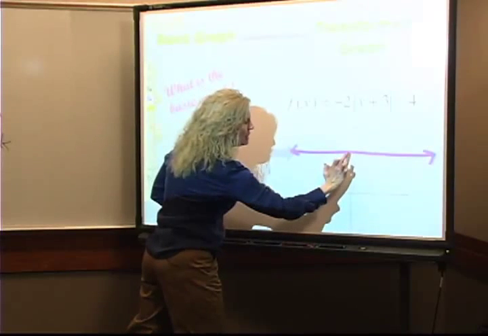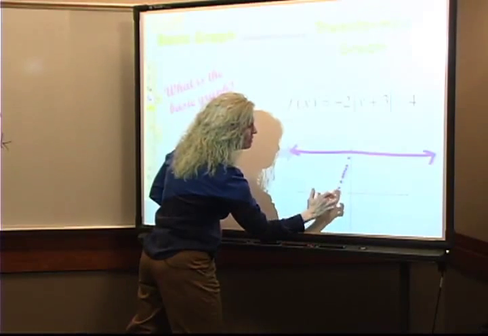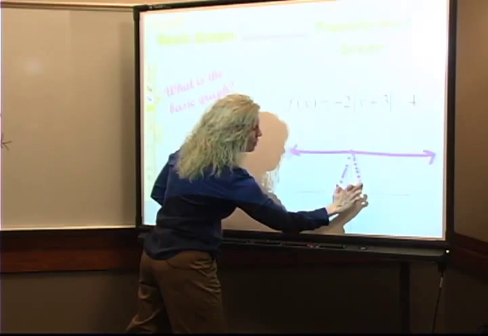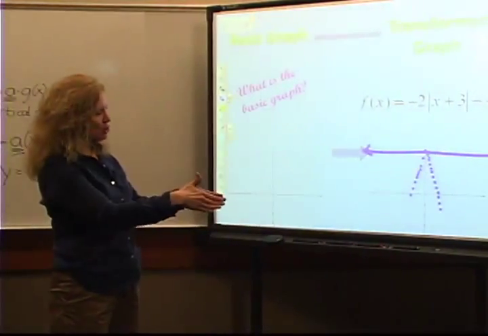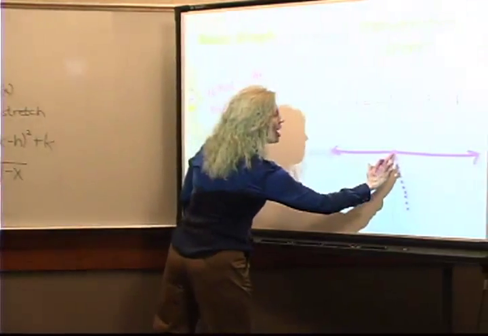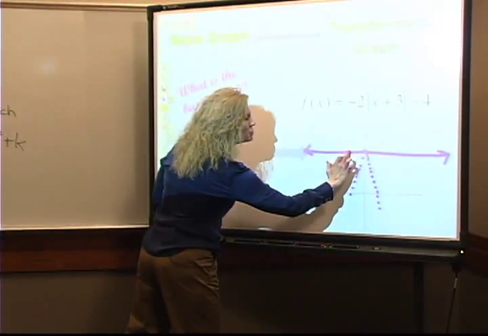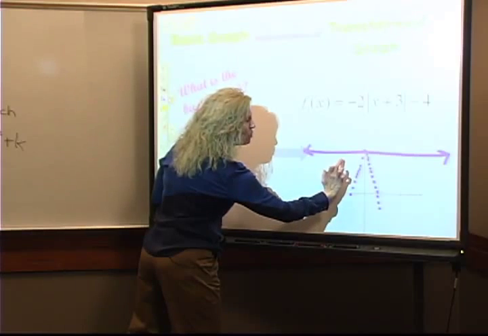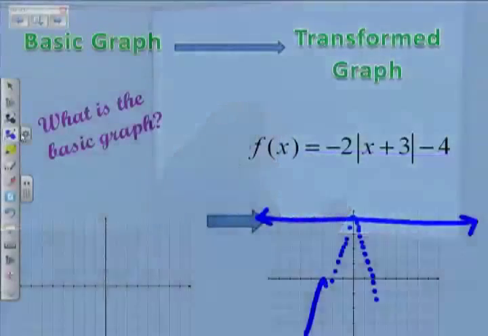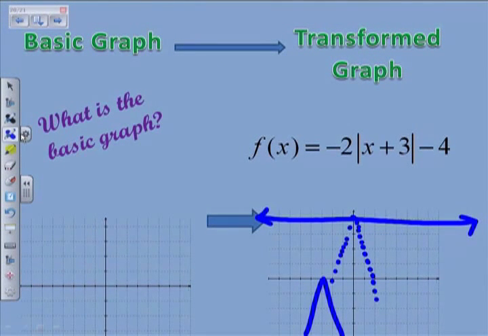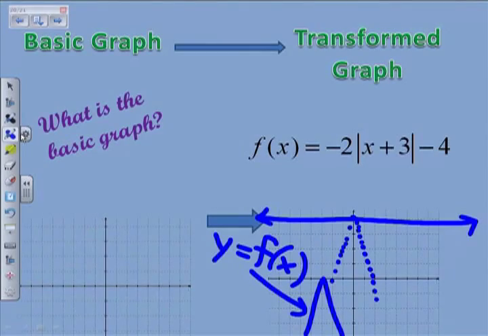Okay, so here was my original with the stretch. And then from there, I go left 3, 1, 2, 3, go down 4, 1, 2, 3, 4. And this would be my final graph, y equals f of x. Yeah? You good with that?